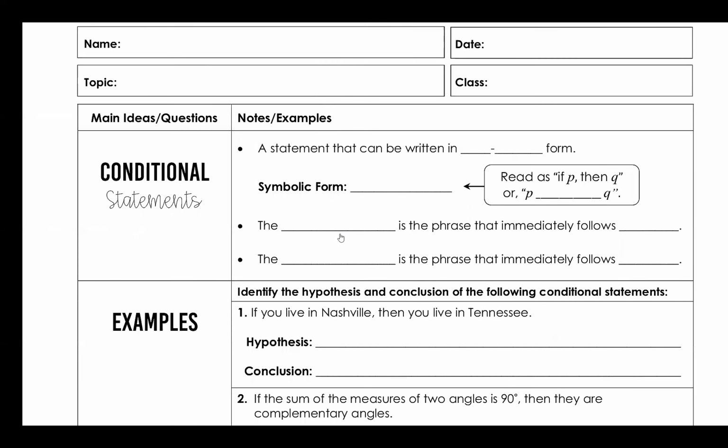All right, so we've got our conditional statements. A conditional statement is a statement that can be written in if-then form. What else do you guys know that gets written in if-then form? Come on, science folks, what's if-then? Hypothesis.